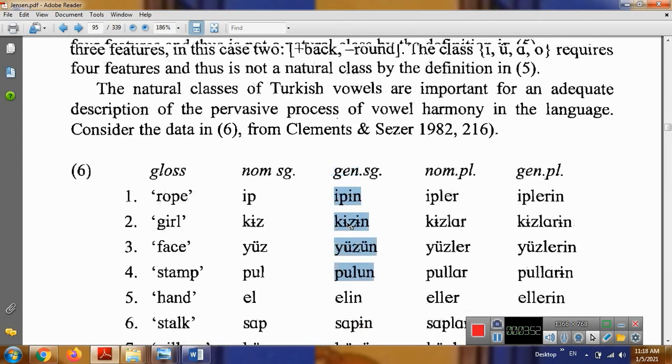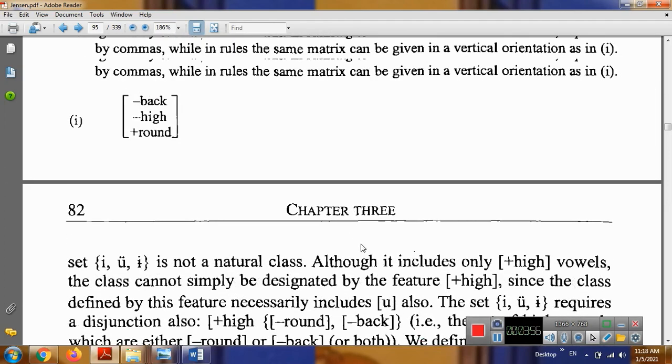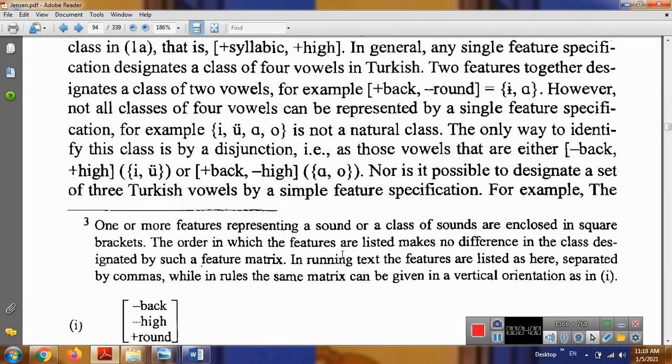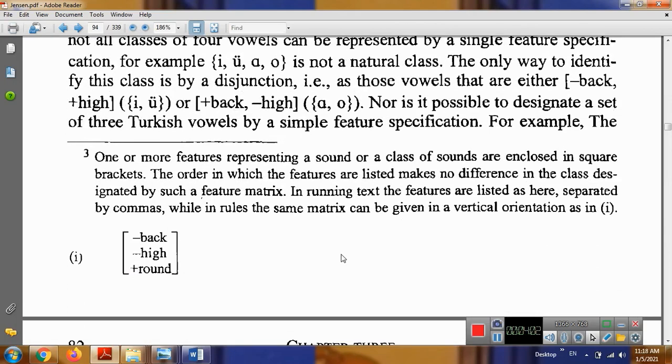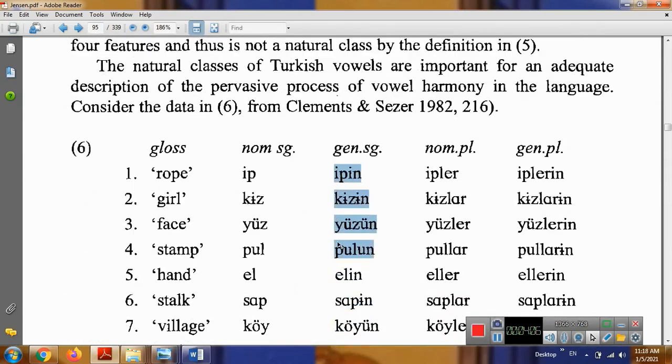As you know, we had three features, based on which we defined the Turkish vowels. There should be a shared feature between such vowels, based on which we choose this affix.